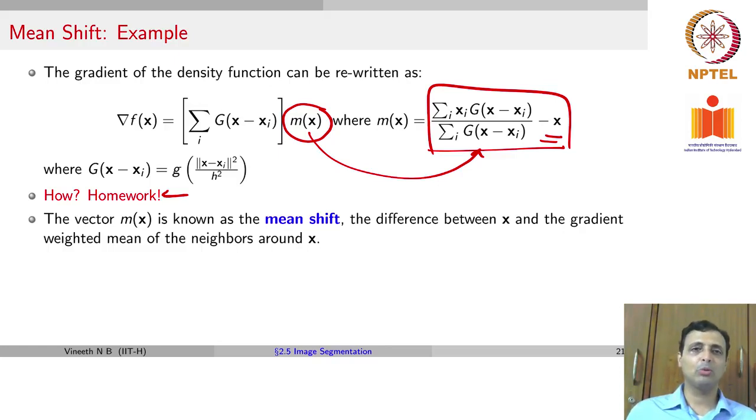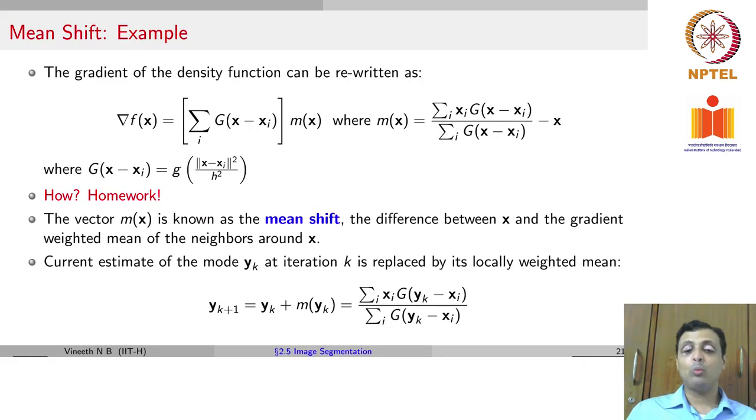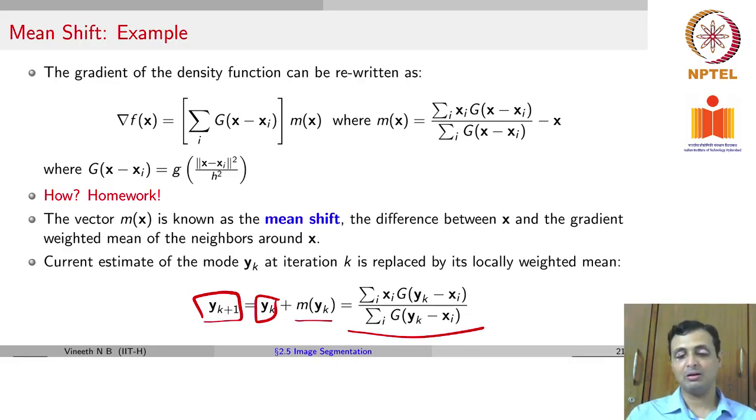In this case, we are only talking about 1D convolution for simplicity. So the vector m of x is the mean shift, the difference between x and the gradient weighted mean of the neighbors around x. Once you get your mean shift, which is also your gradient in this particular case, subject to a scalar multiple, then your next iteration in your gradient ascent is y k plus 1 equals y k plus m of y k, which can also be written this way.